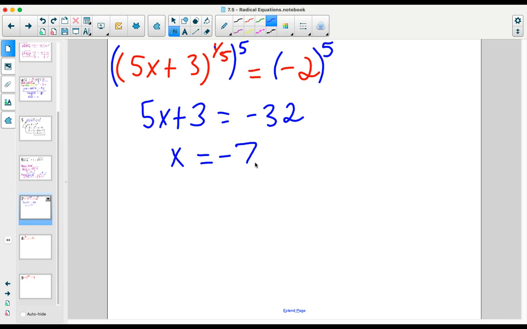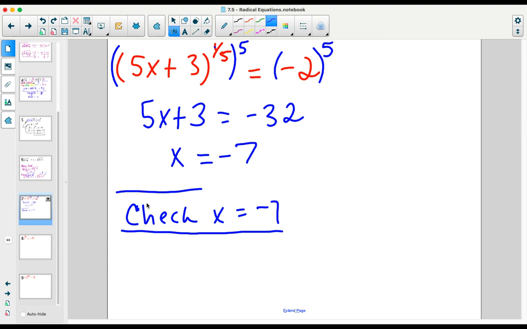Just like with any radical equation, or these rational equations, we want to check our solution for potential extraneous solutions. So we're going to check x is equal to -7. Inside of the exponent in the original equation, we have 5 times -7 plus 3. 5 times -7 is -35, plus 3 is -32.